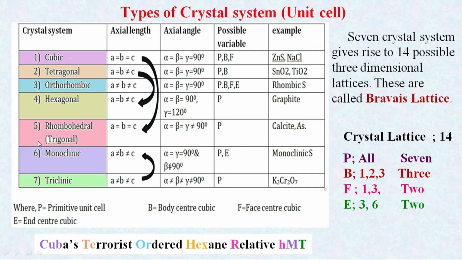One is tetragonal, next is trigonal. So to avoid the confusion, just remember the first gonal, which comes after TE, is tetragonal. Tetra means 4, so easy to remember. Next one is OR, it is the beginning for orthorhombic. Next one is HEX, that is for hexagonal.